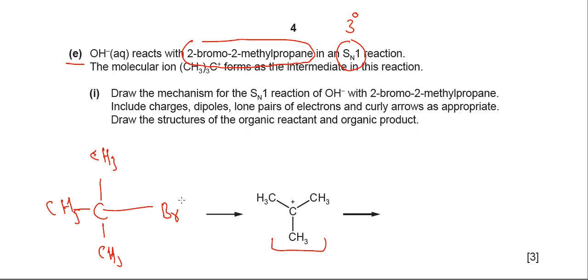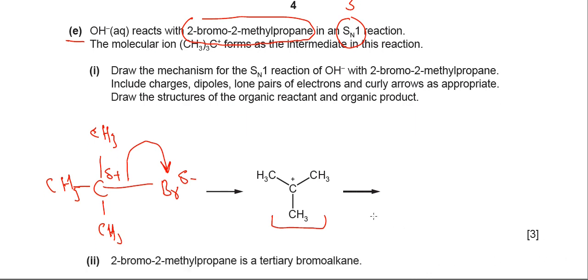Now we know that bromine is an electronegative atom, so it will bear a partial negative charge. The carbon has a partial positive charge. As this forms a more stable carbocation, which is the tertiary one, there is a chance that it could withdraw its electrons from the bond, making the bromide ion.